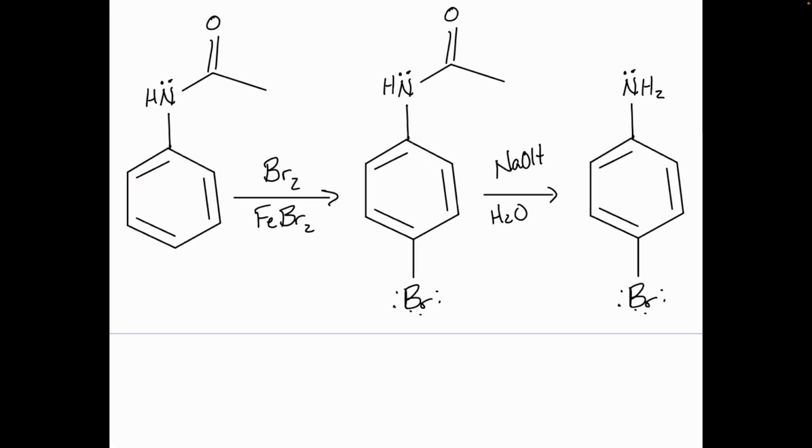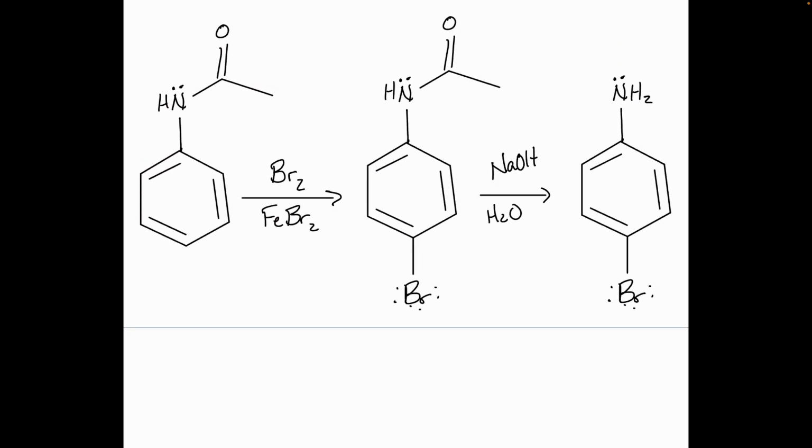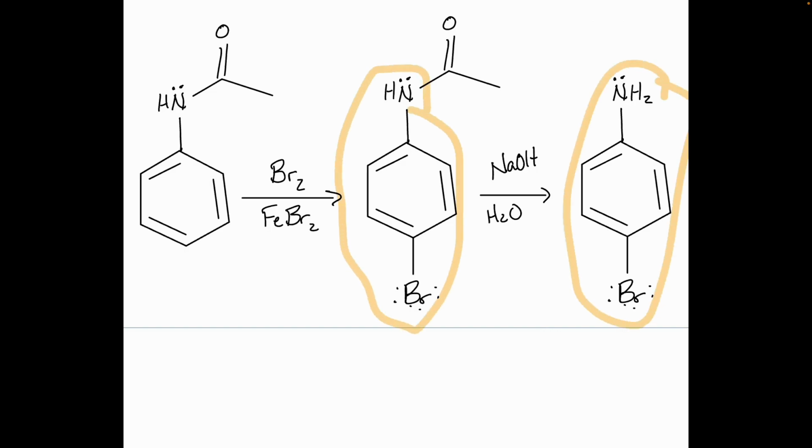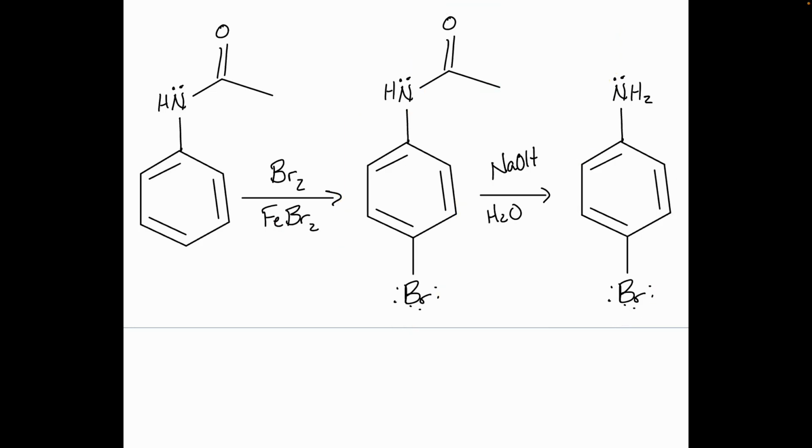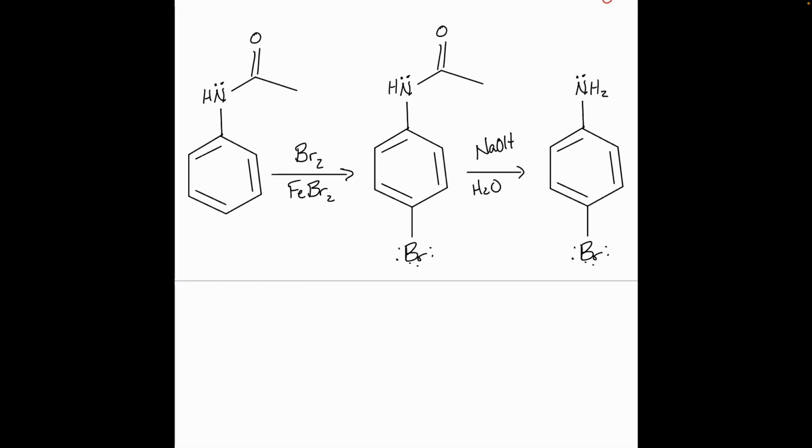All right, what is my other product here at this step? The leaving group, and what is it going to be here? Remember, this is taking advantage of the fact that under acidic or basic aqueous conditions, an amide will be converted into a carboxylic acid and an amine.